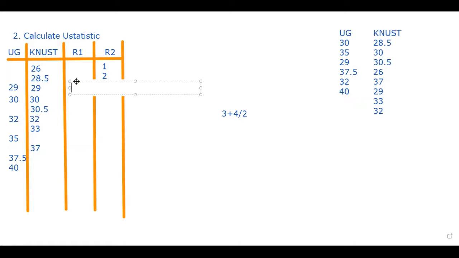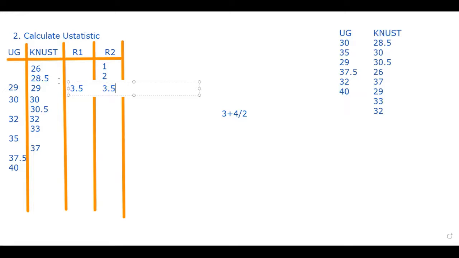So you share the 3.5 for the two. The 29 for Eugene on the next line uses the same thing: third and fourth, divided by 2. 3.5 here, 3.5 here. It's the same method whether it's under Eugene or under KNUST.